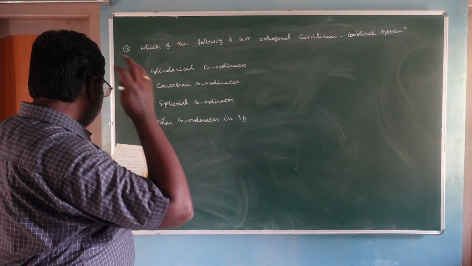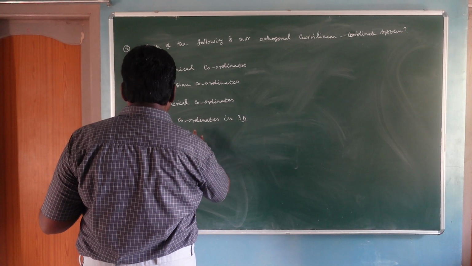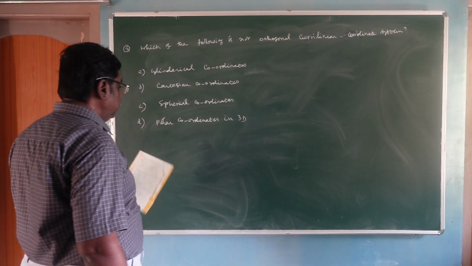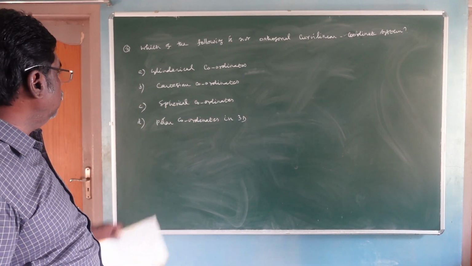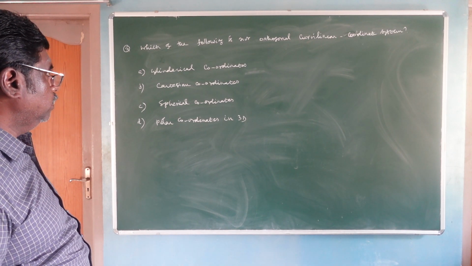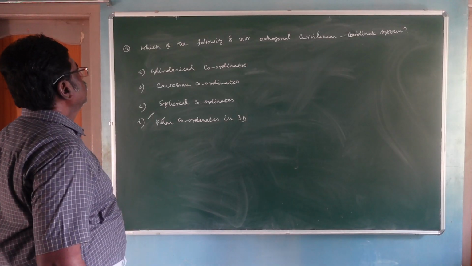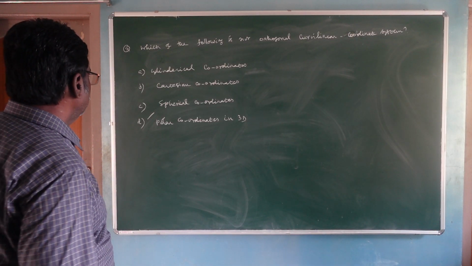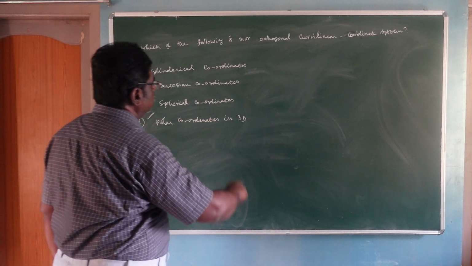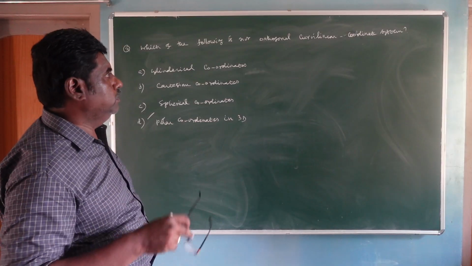You can't extend polar coordinates directly to 3 dimensions without converting to cylindrical or spherical. Therefore, option D is correct. Polar coordinates in 3 dimensions are not an orthogonal curvilinear coordinate system.